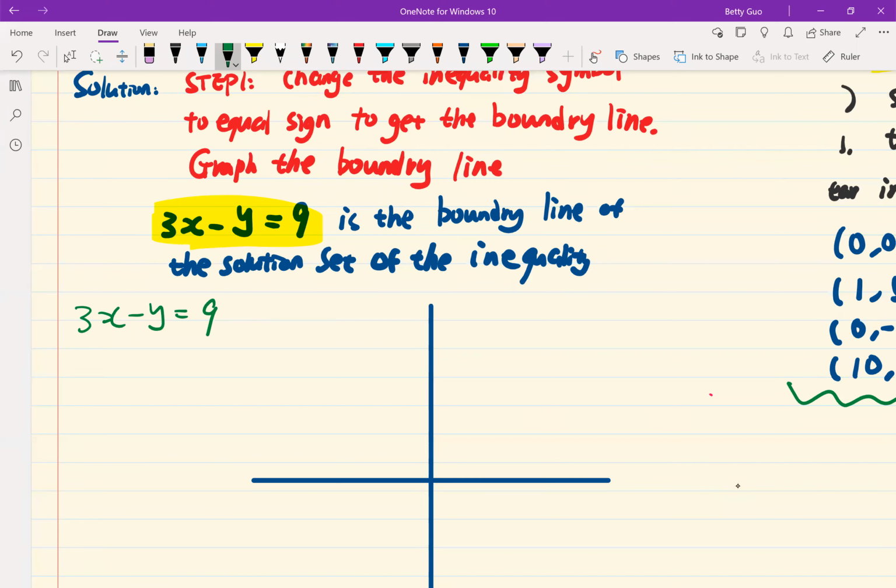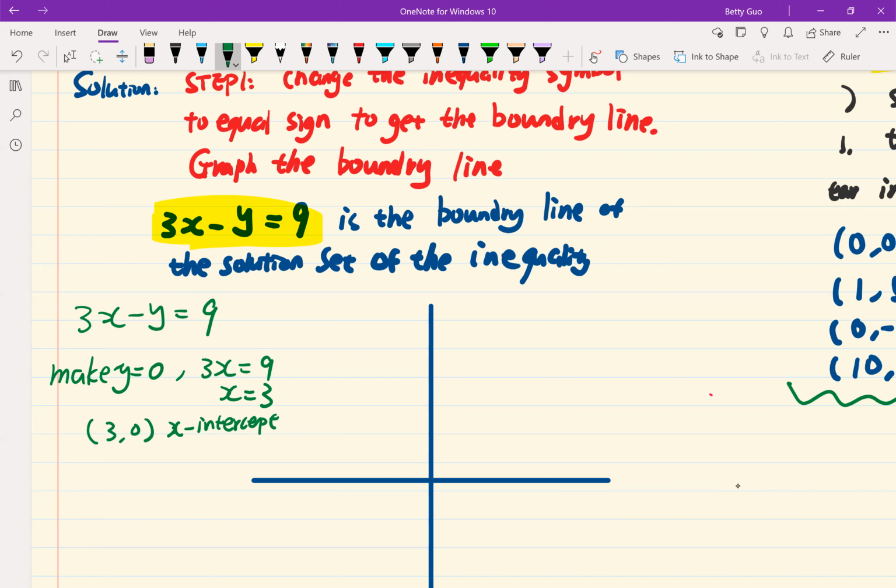We make y be 0. And we have 3x equals 9. And what is x? 3, right? So 3 comma 0 is the x-intercept.